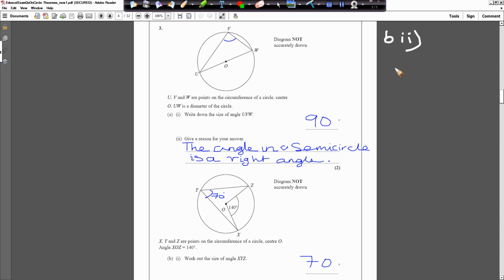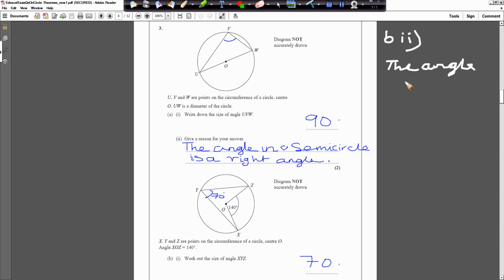So we're going to write down rule number 2. What is the rule? The angle subtended at the center of a circle is twice the angle subtended at the circumference. We have to write that down for the answer for part 2.